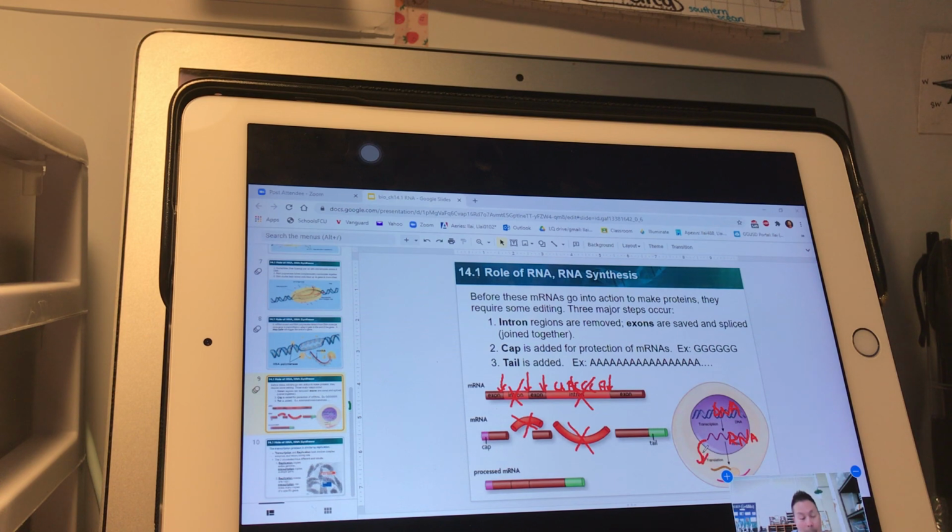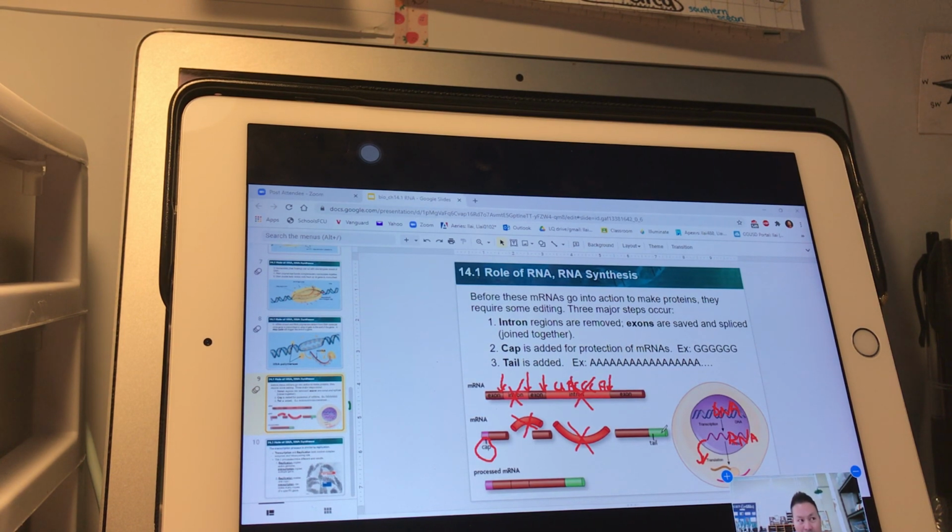It has a long journey traveling out of the nucleus into the cytosol. So for protection, a cap is added to the front of the messenger RNA. It also produces a tail. The tail contains adenine. A long tail is attached to the back.